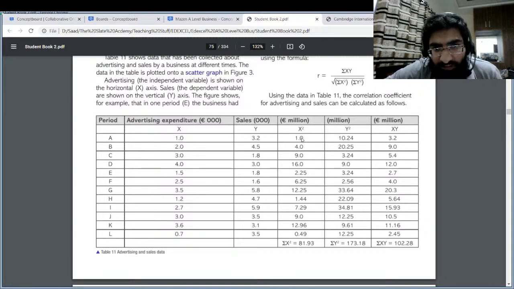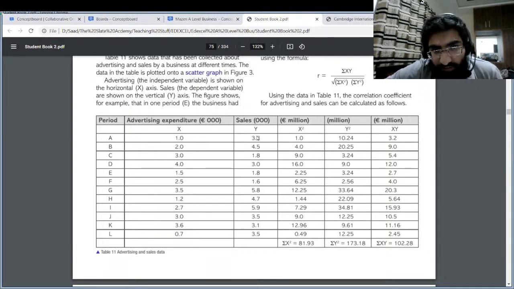So 1 squared is 1, 2 squared is 4, 3 squared is 9, 4 squared is 16, 1.5 squared is 2.25, 2.5 squared is 6.25, and so on. Got it? Once you have all these x squared, you sum them. Sigma means sum. You take the sum of x squared, you get 81.93. Just hold on to it.